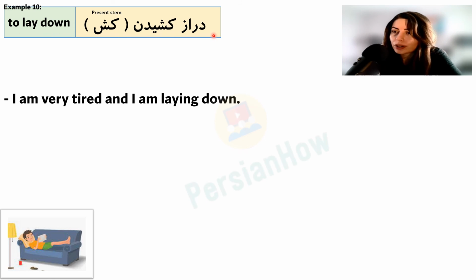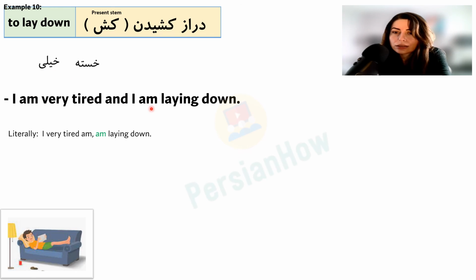Always remember, learning the literal translation of each word helps you to memorize the verb better. All right, now let's go over the vocab. Very is خیلی, tired is خسته, and we know the rest. So literally we need to say something like I very tired am, I am laying down.